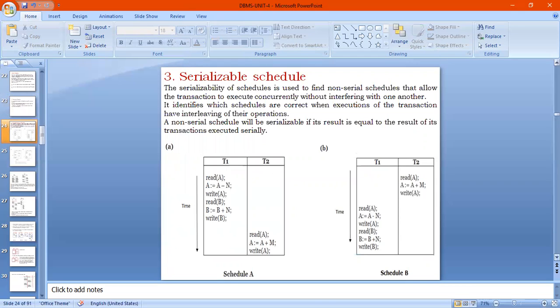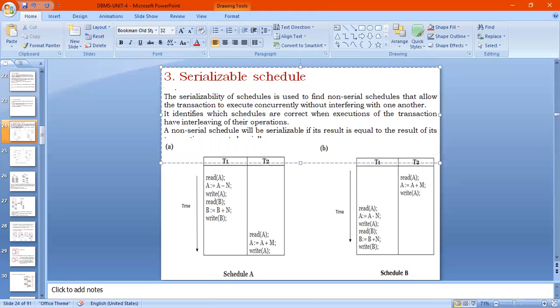Serializable schedule. This is our main topic. It is also called serializability.